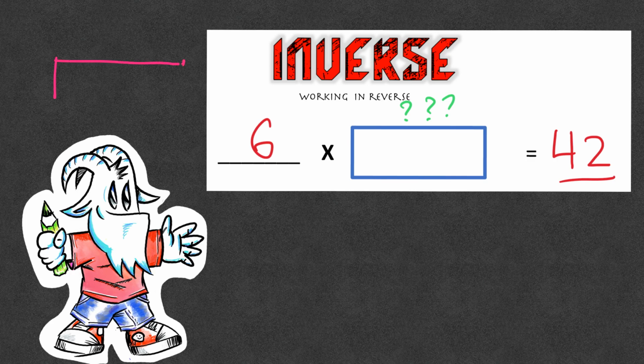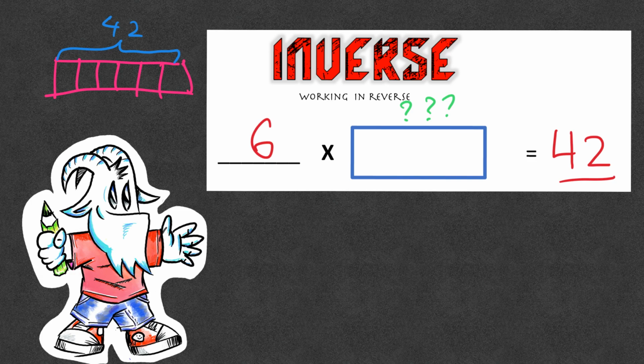So let's draw a model 1, 2, 3. 1, 2, 3. So that's 6 groups. That makes 42 altogether. And I know that a lot of you know the answer by now, but we're not looking at a complicated problem with huge numbers. We're just looking at the strategy.